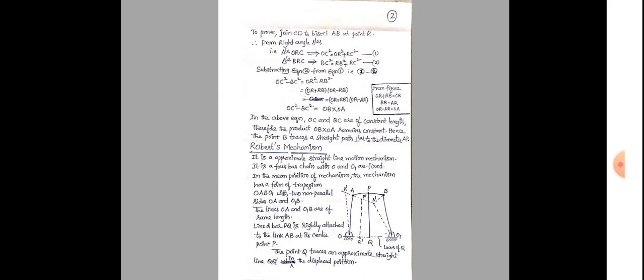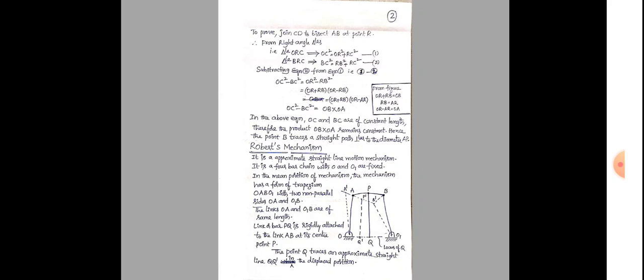And if I look at the figure which is drawn, it is a four-bar chain with points O and O1 fixed. Now in the mean position, or the average position of the mechanism, this mechanism is in the form of a trapezium.